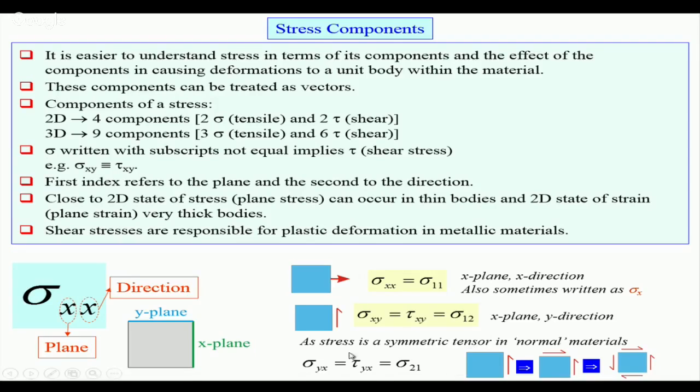So we can actually have a set of stresses in a systematic tensor in the normal material. We have a shear stress here, a complementary set of shear stresses here, and this gives you the final orientation of the state of stress in the element as shown.